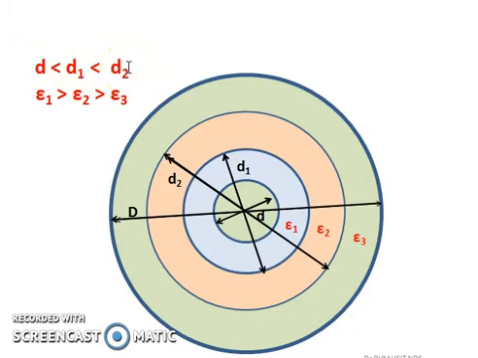Either of the two, both are same. Epsilon 1, epsilon 2, epsilon 3. The permittivity of this insulation is greater than the permittivity of this insulation, and this is greater than the permittivity of this insulation. There are three different layers of dielectrics.